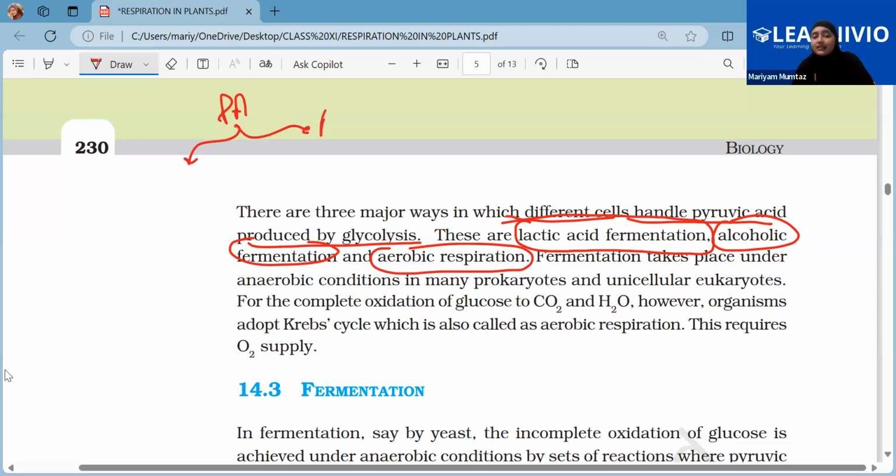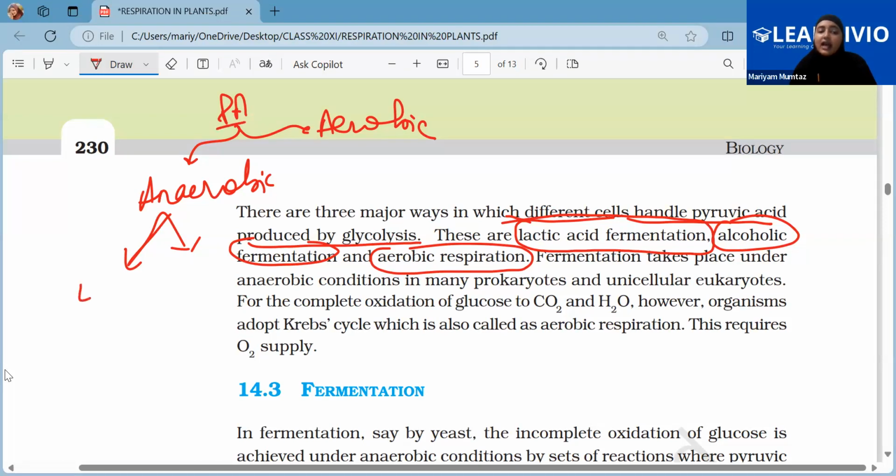It can either go aerobic respiration or anaerobic. Now, under the anaerobic, there are two. Anaerobic means in the presence of oxygen or in the absence of oxygen? Absence. Absence of oxygen.